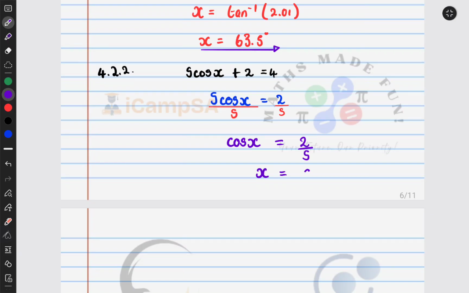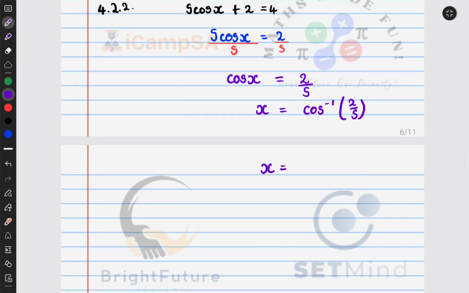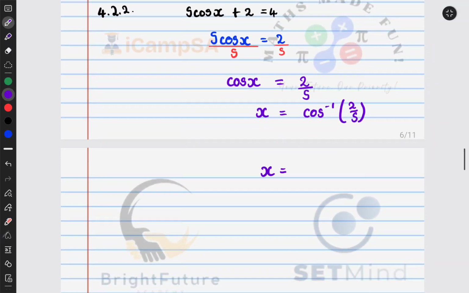X is equal to cos inverse 2 over 5. Therefore x is equal to shift cos inverse of 2 over 5, which is 66.4 degrees. That is your value of x.